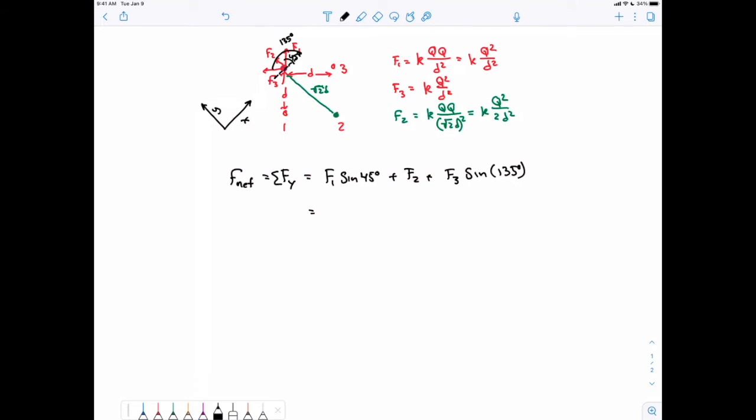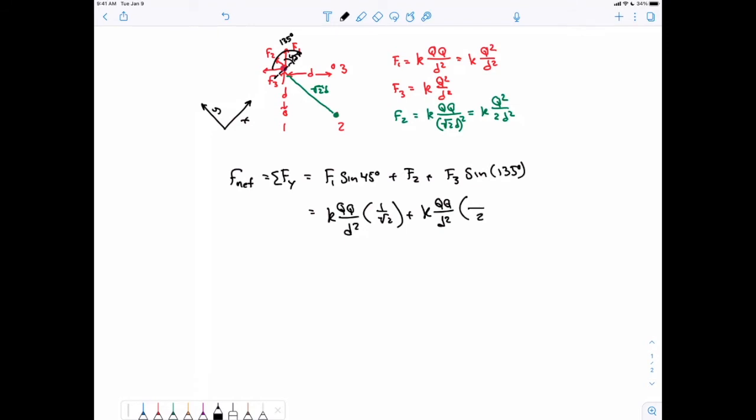Okay, so K Q1 Q2 over d squared times sine of 45 degrees, which is 1 over square root of 2. For F2, I've got K Q Q over 2 d squared.